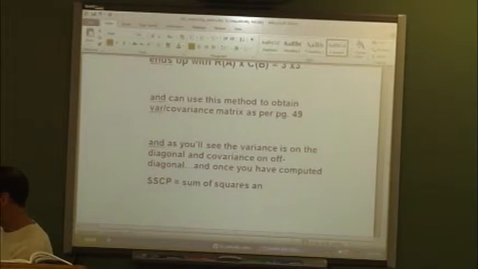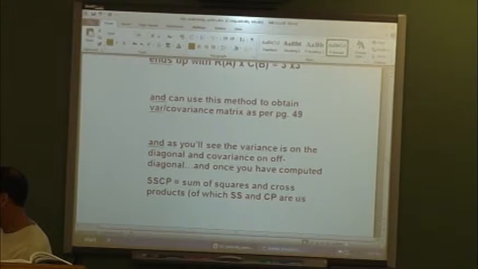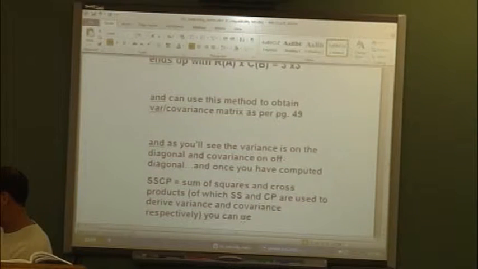Sum of squares and cross products, of which SS and CP are used to derive variance and covariance respectively. You can derive the correlation matrix.